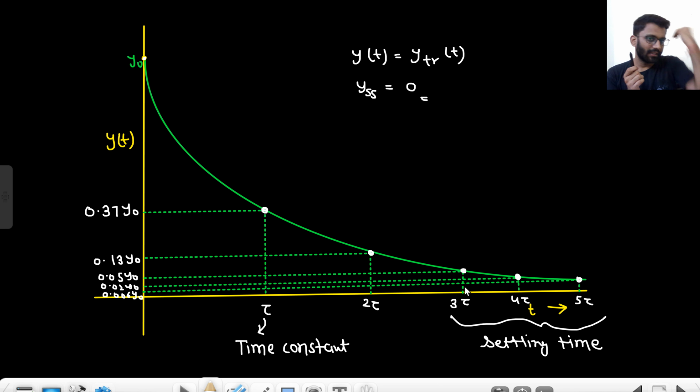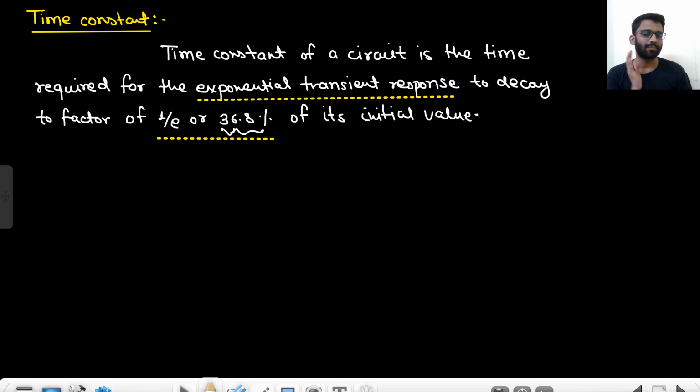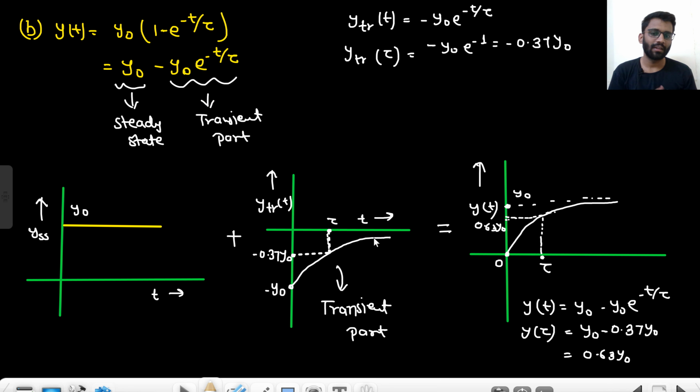I have seen even some students or some professors writing the definition as decay to 37% and increase to 63%. But that's not the actual definition of time constant. The actual definition says that the exponential transient response will decay down to 36.8% of its initial value. That's it. Here as well, the same thing is happening.